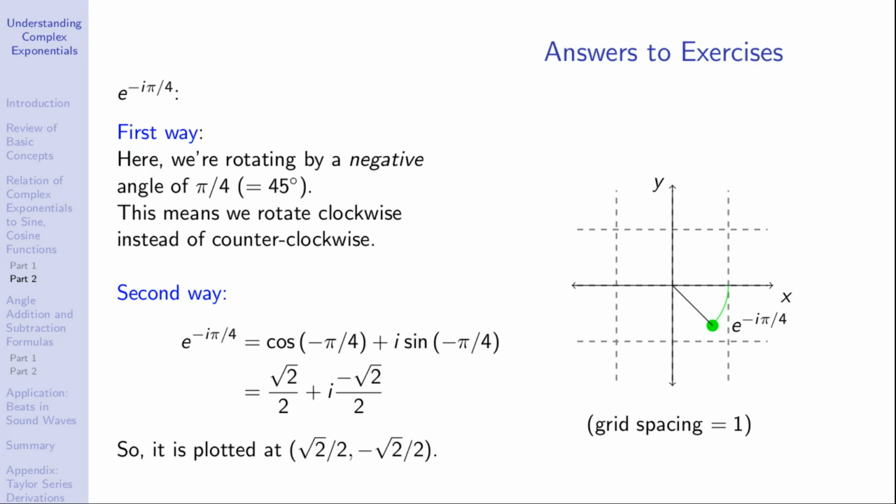And let's also look at that a second way. e to the minus I pi over 4 is equal to the cosine of minus pi over 4 plus I times the sine of minus pi over 4. That equals the square root of 2 over 2 plus I times minus the square root of 2 over 2. So our point is plotted at square root of 2 over 2, minus square root of 2 over 2.